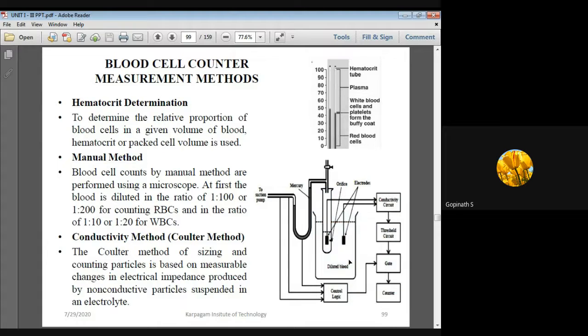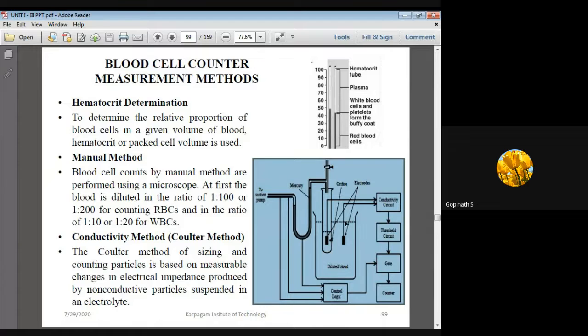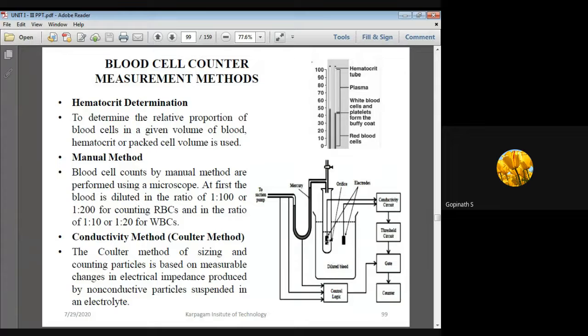The glass tube is also attached to the mercury tube, that is the U-shaped tube. At the output we add one suction pump. This pump pushes or pulls based on the conductivity drop between the blood and the electrolyte solution.